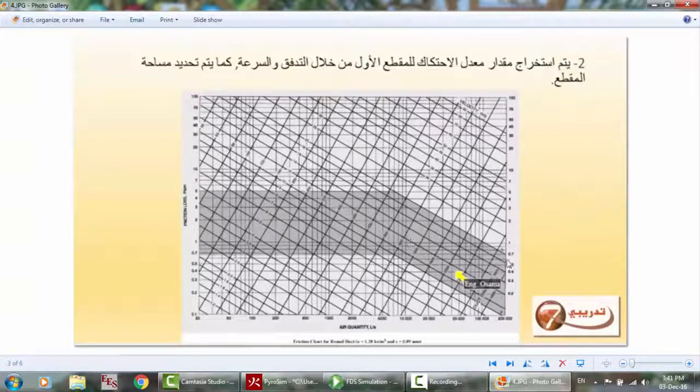So this gray zone, it is preferred to use the numbers that are included here, because it is the common, or the popular area for sizing the ducts.